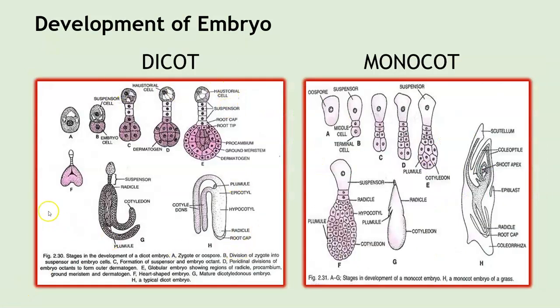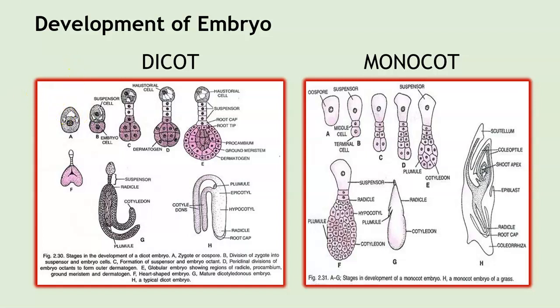Students, have a look at these images here. This is showing you the development of the embryo in dicot plants. This is the development of the embryo in monocot plants. So let us have a look at the dicot plant development of the embryo here. The first image shows you the zygote, which divides to form a two-celled proembryo.